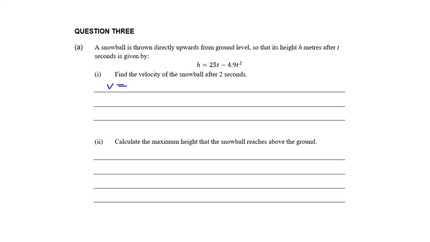So velocity is 25 minus 4.9 times 2, 9.8t. At t equals 2, v is 25 minus 9.8 times 2, which is 5.4. Now, someone did that math but did not do that calculation.